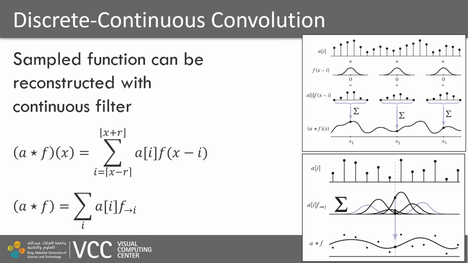Interestingly, we can define convolution not only for a discrete signal and filter or a continuous signal and continuous filter, but we can also have a mixed signal and filter setting where the signal is a discrete set of samples, a sequence, and the filter is a continuous filter.